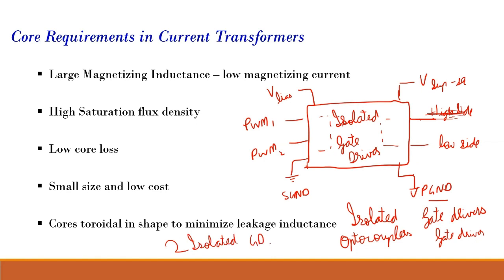So these arrangements are there. We can use various different methods for having isolation between our PWM signal and our gate signal. When we go to the gate driver part, I will talk about this further.